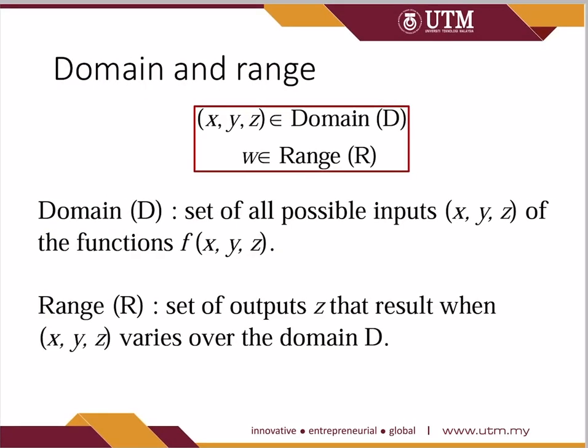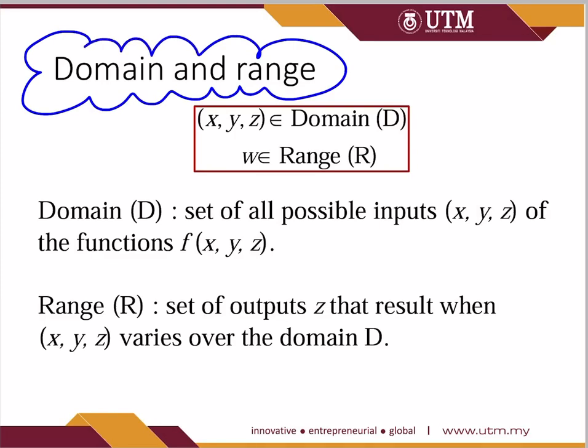Okay, so this is the answer. Now what is the domain and the range for this three-variable function? The domain for the three-variable function refers to the independent variables, which are X, Y, Z, and the range refers to the dependent variable.